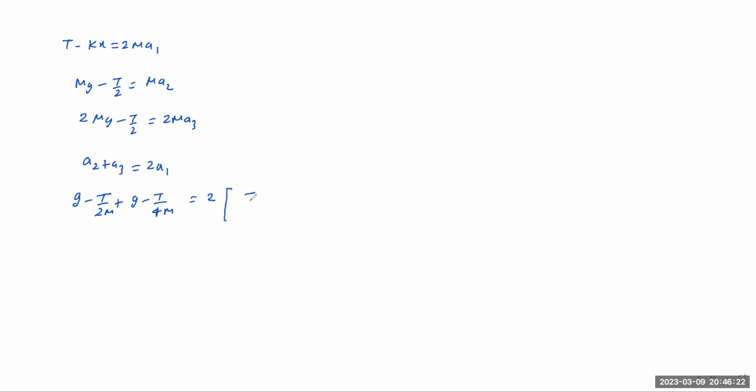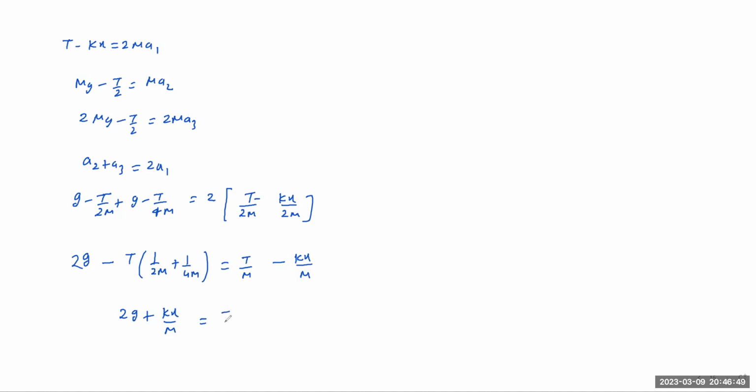And A1 is T minus 2g, T by M. This relation seems to be correct, right?